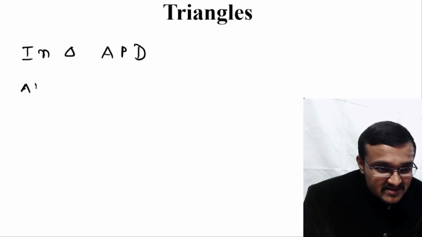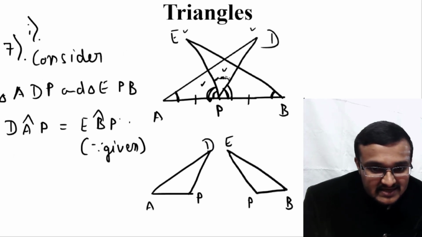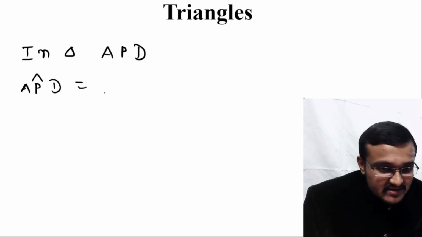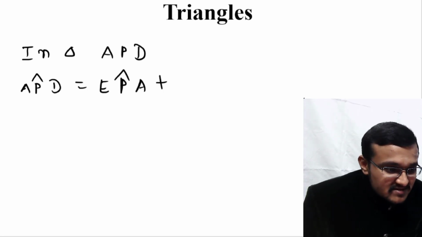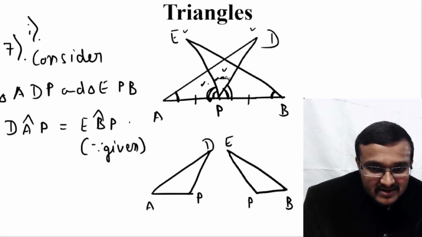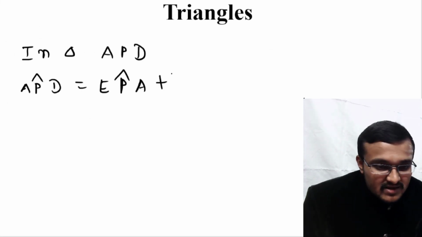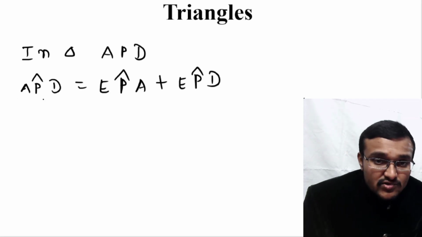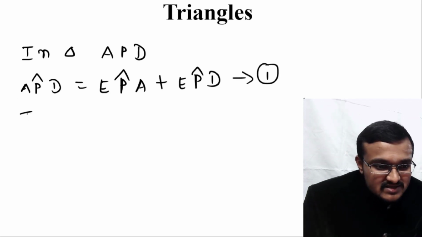So if you want to consider the angle APD, that is equal to EPA plus EPD. So this particular angle EPD. So EPA plus EPD will give you angle APD. Call this as equation 1.